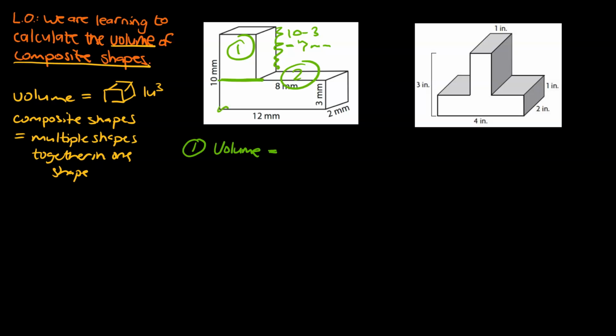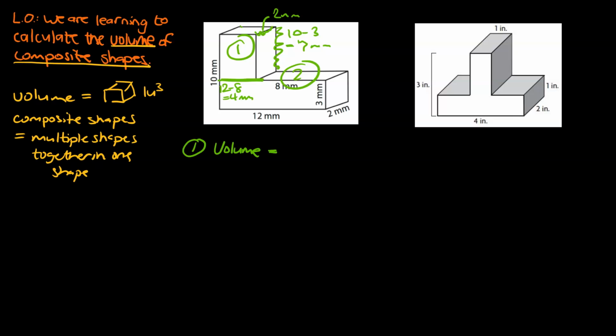We've got 12 along the very bottom, and 8 of it is used up for the rectangle, so 12 minus 8 gets us to 4 millimeters. And then finally, the depth of the shape going backwards relates to a measurement already given to us, so that would be 2 millimeters.